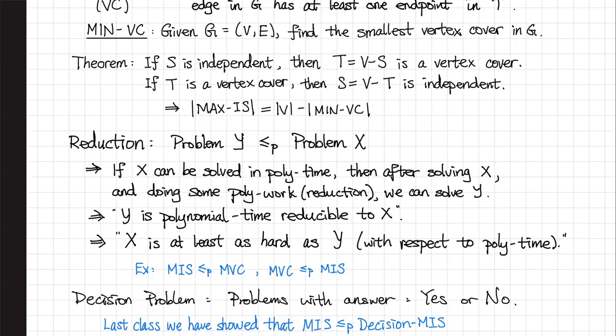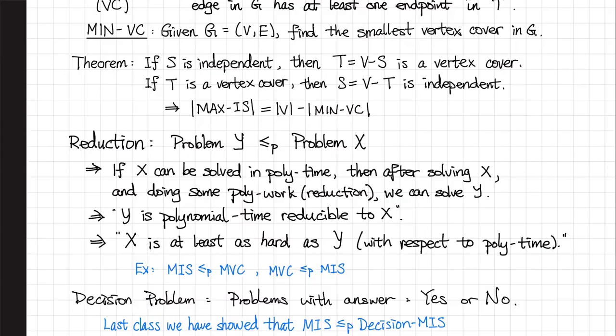Right? So that's why when we reduce problem Y to X, we say X is the harder one in that sense. It doesn't mean the runtime, right? Because the runtime for Y could be the same or could be more than X.